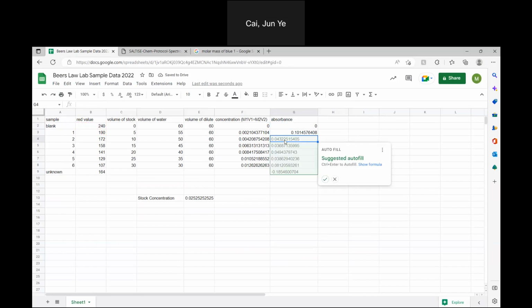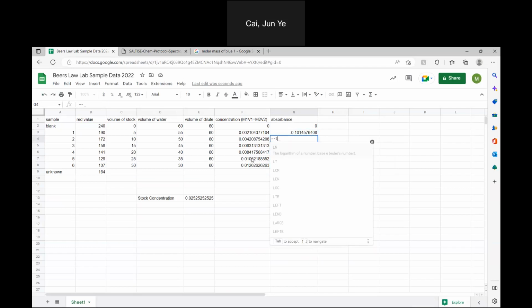I'm not sure if pulling this down will autofill, so don't use that one. Simply type it in: negative log of B4 divided by B2, which is again our blank.